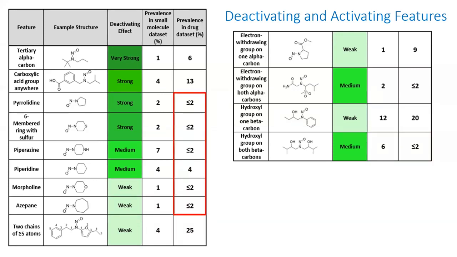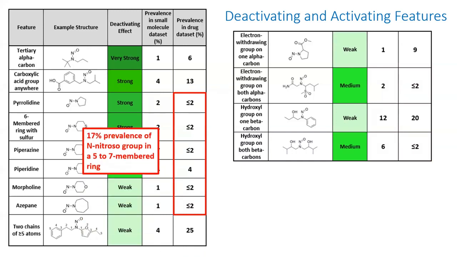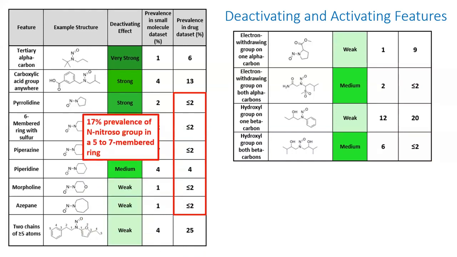The ring structures ranging from 5 to 7 membered rings map out to about 17% of the drug data set. And this is interesting to note just because we recognize that these types of environments are likely to go through a different mechanism, where following cleavage of the nitrogen carbon bond, we can then have recyclization to form a cyclic electrophilic species.